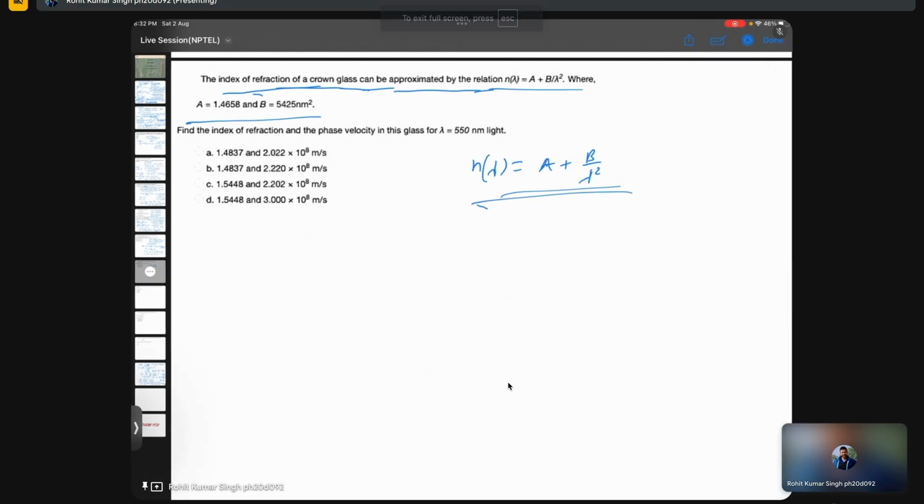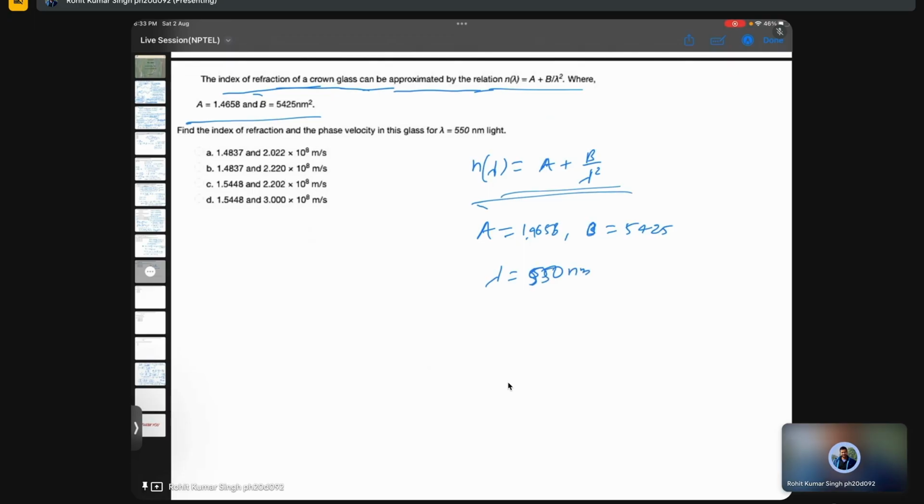And the values of a and b are given in SI unit, and what is asked is to find the index of refraction and phase velocity in this glass for lambda equal to 550 nanometer.